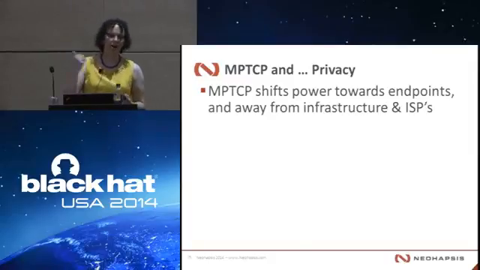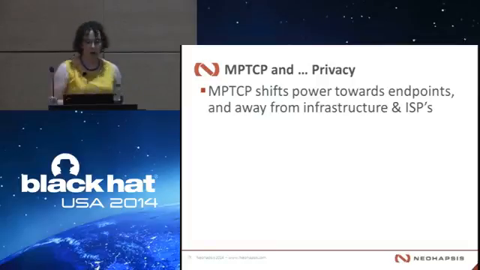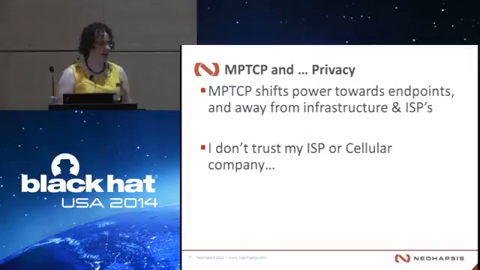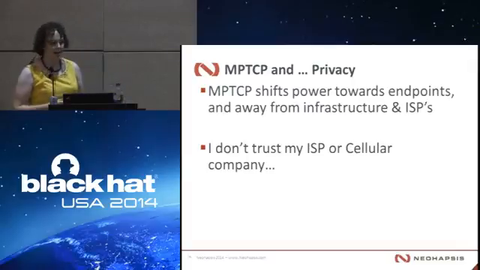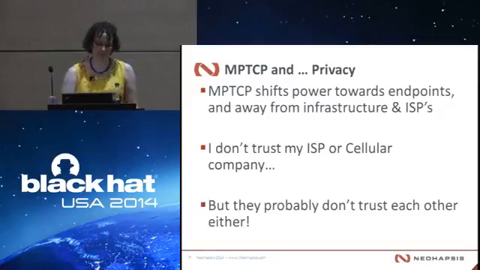Because it shifts that power away from an ISP or infrastructure, or you as a network owner, towards that endpoint. I don't trust my ISP, and I trust my cellular company. They probably don't like each other. And it raises that bar for collaboration so much higher, I'm a little bit safer. Because they don't trust each other. Use their business models against them.